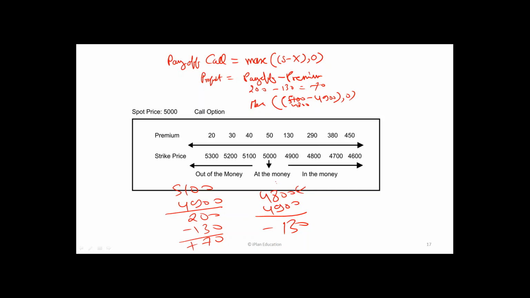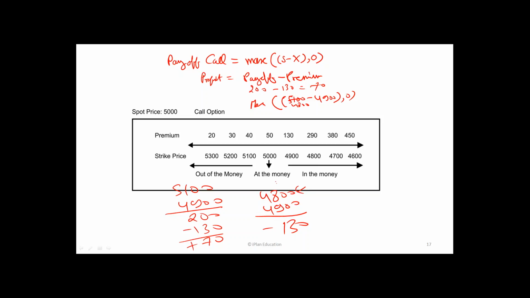I think it says out of the money. But if the market price is greater than my contract price, then I'm in the money, isn't it? See, if the market price is more than your contract, then it is obviously in the money for a call option.